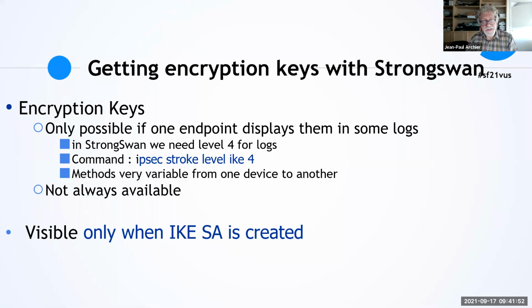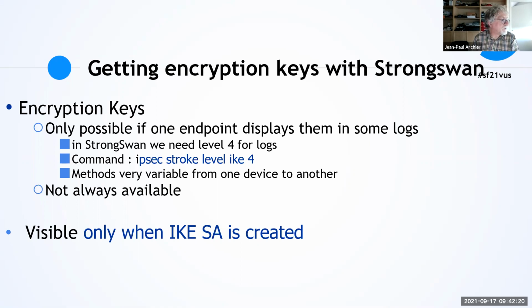On this device, I'm not able at all to have encryption keys directly accessible. But on StrongSwan, I'm able to have these keys if I upgrade the log level to level 4.